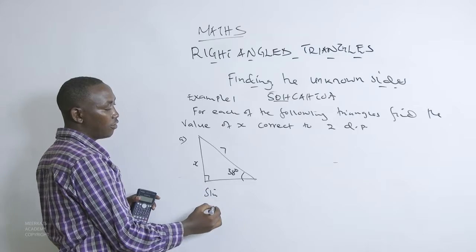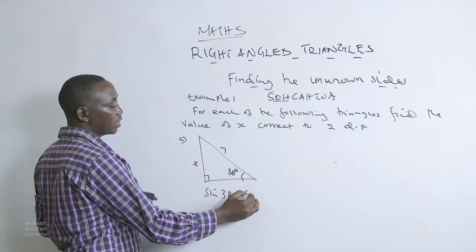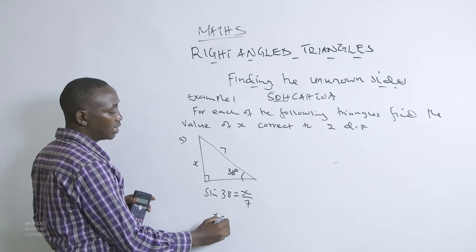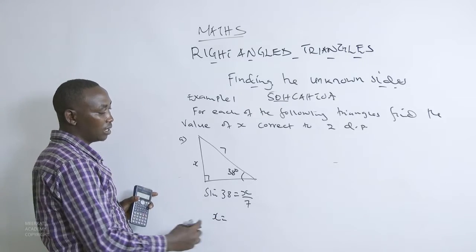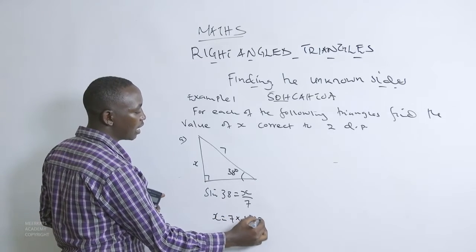That is the sine of theta, which is now 38, is equal to the opposite, which is x, all over 7. That means that for us to get x, we multiply by 7 on both sides, and therefore x will be equal to 7 multiplied by sine of 38.